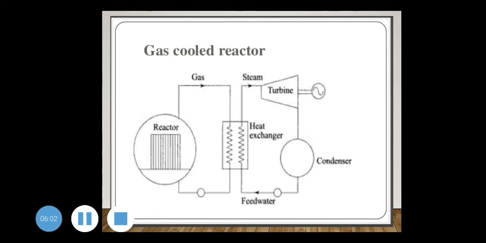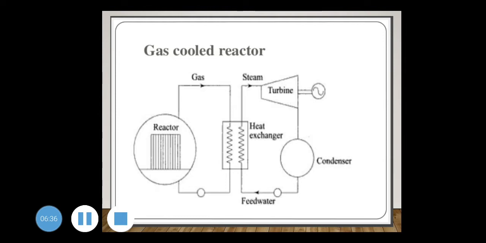Although there are many other types of gas cooled reactor, in this case, the heated gas produced in the reactor is sent to the heat exchanger, in which the heat from the gas is exchanged, and steam is produced.